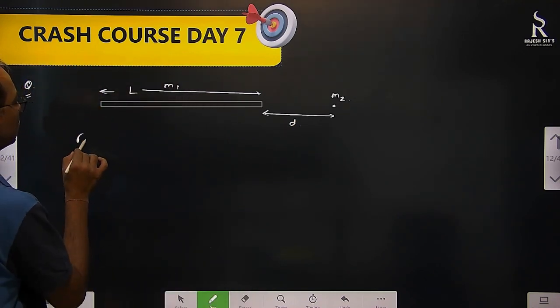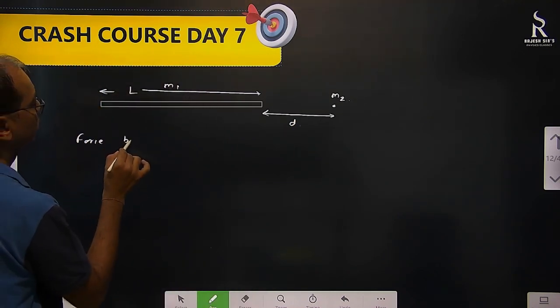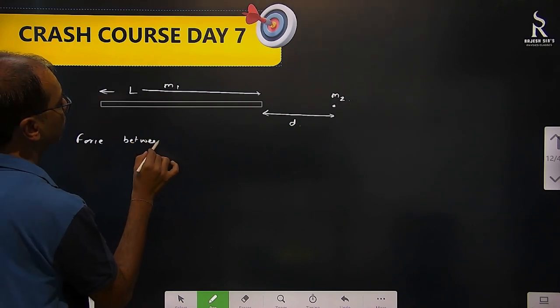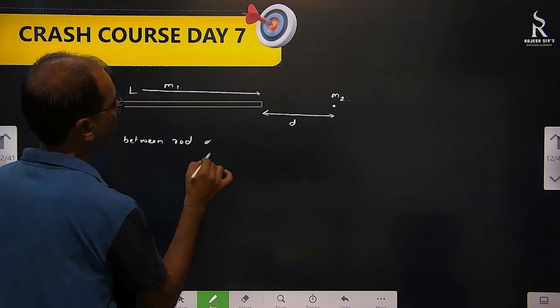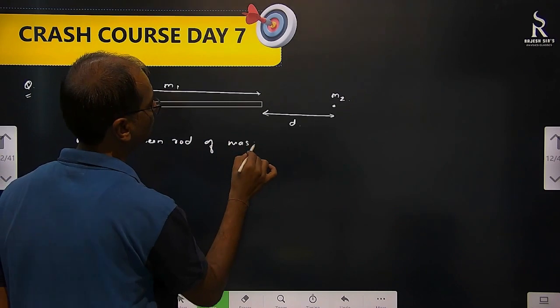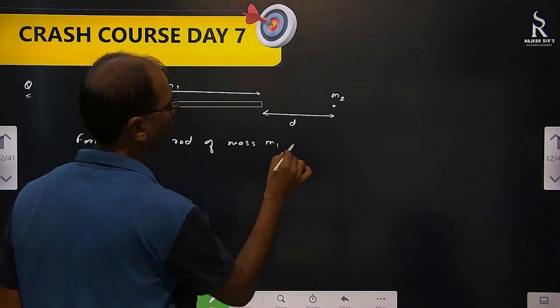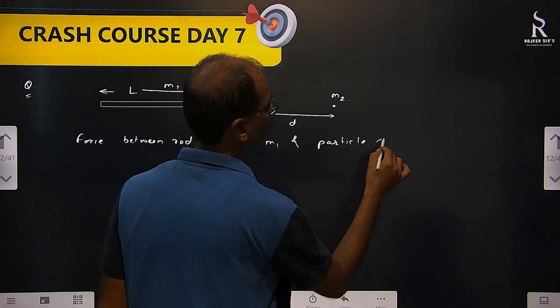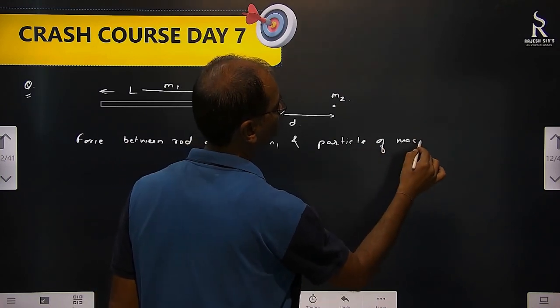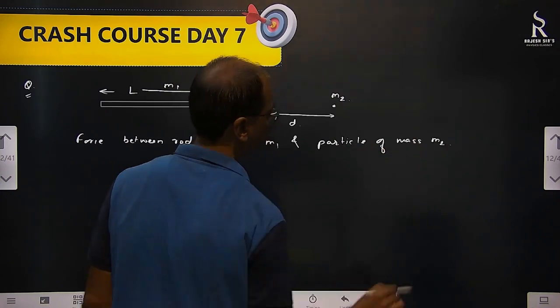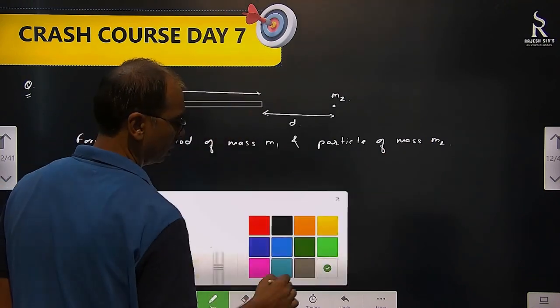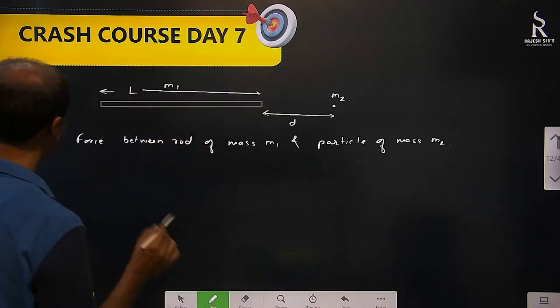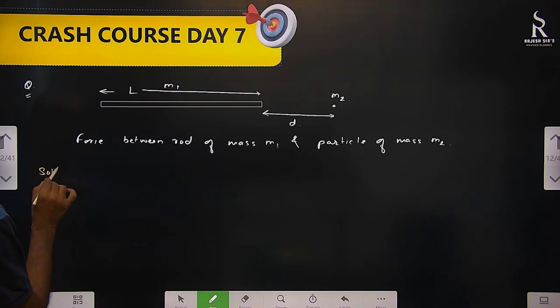So the force between a rod of mass M1 and a particle of mass M2. So now what we'll do?